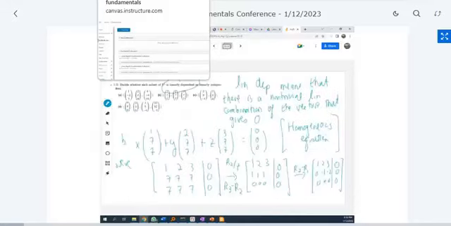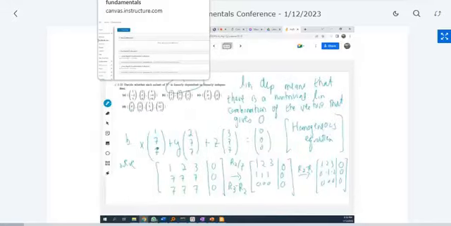So if I go back here, that means that 1 times this minus 2 times this plus 1 times this equals 0. Now, I could bring these two to the other side. That means that this vector is in the span of those two. And what does that mean geometrically? That means that this vector is in the plane determined by these two.